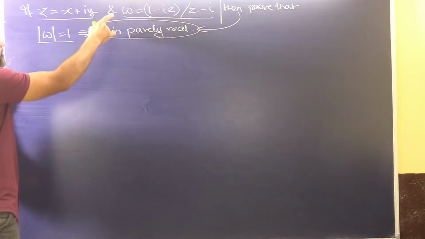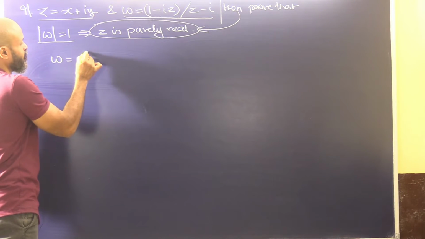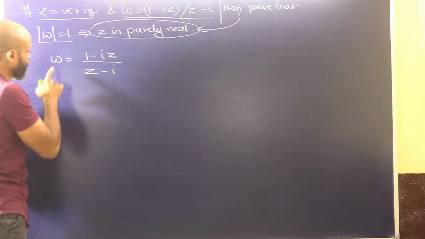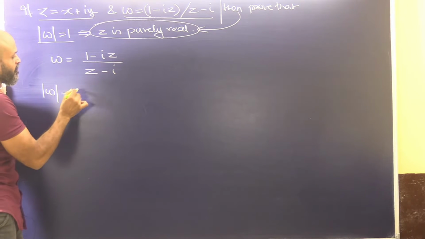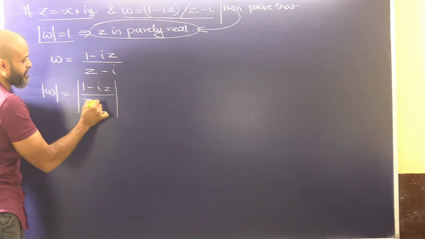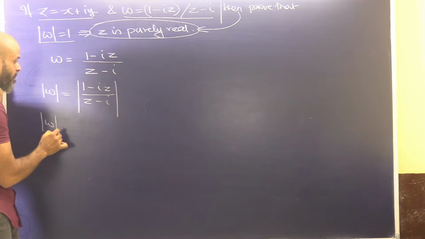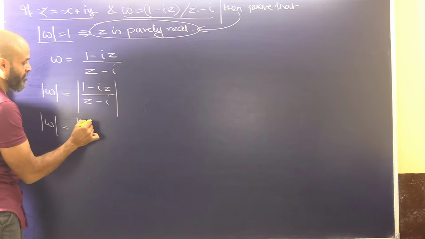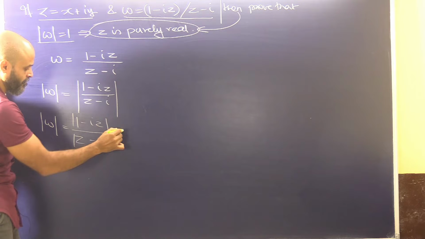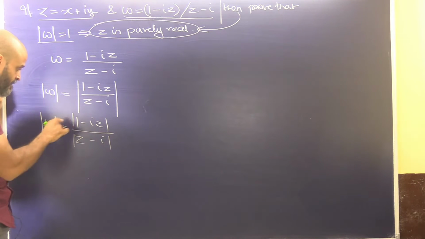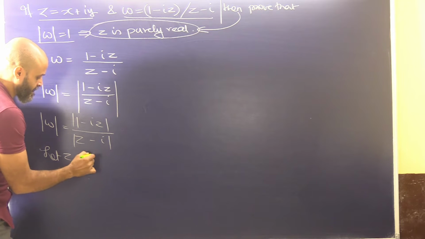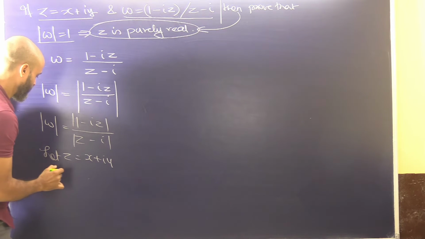So let's take this. Now w is equal to (1 minus iz) upon (z minus i). So obviously mod of w will be equal to mod of (1 minus iz) upon (z minus i). In this case let z be equal to x plus iy.